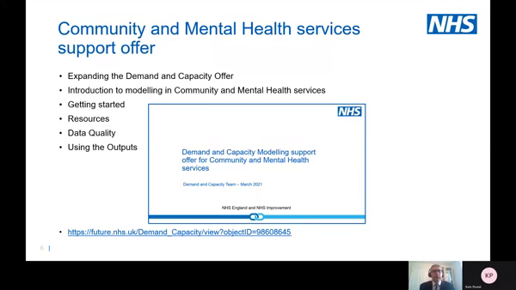The resource gives an introduction to modelling in community and mental health services, details about getting started, resources that are available, and covers some of the difficulties encountered within community and mental health services, of which data quality may well be one of them, and also gives a guide to using some of the outputs.